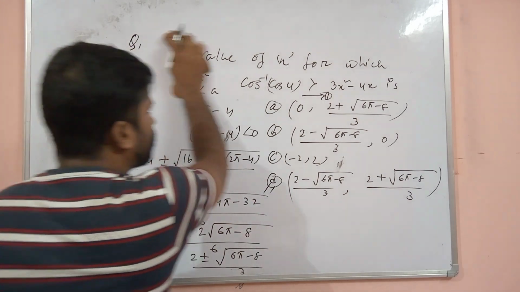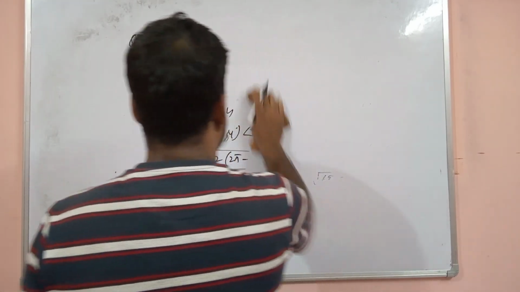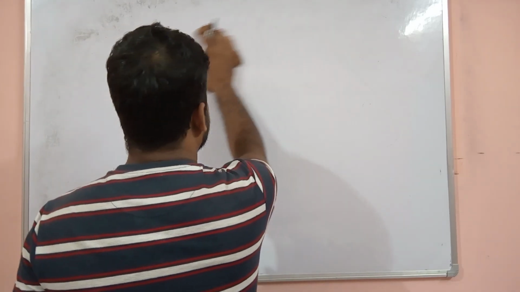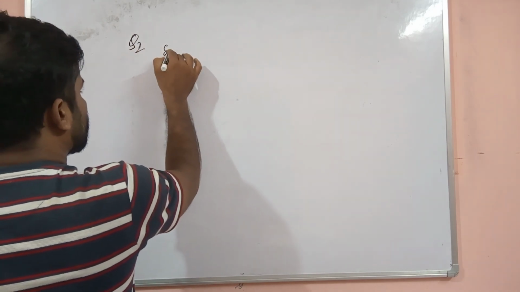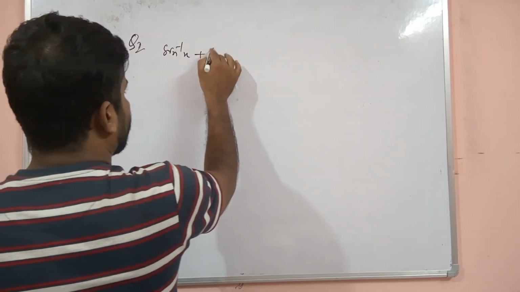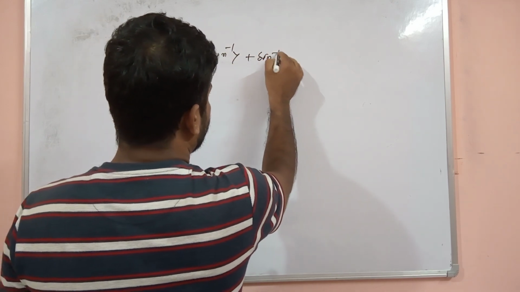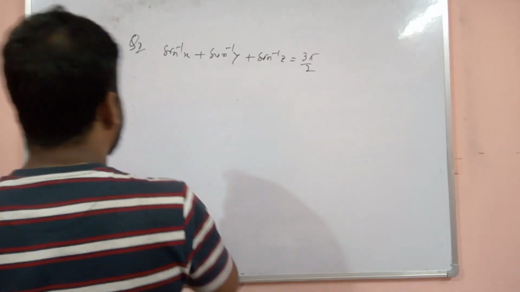Let's see question number 2. Sin inverse x plus sin inverse y plus sin inverse z is equal to 3 pi by 2.